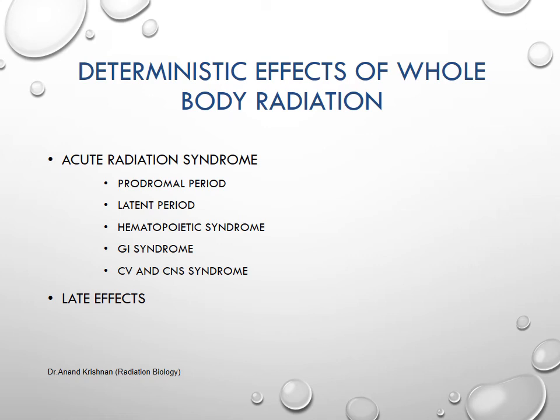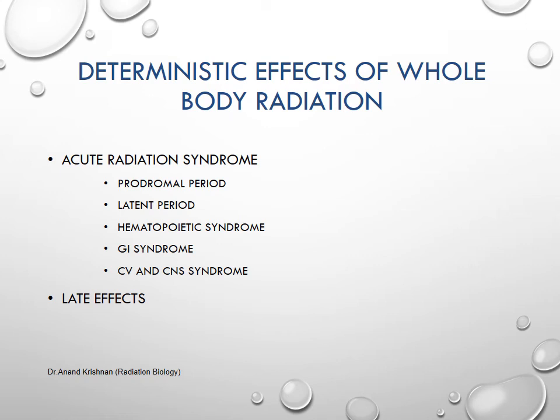And then there is a latent stage. In this stage, the patient generally looks and feels healthy, and the latent period can be from a few hours to a few days or even several days.